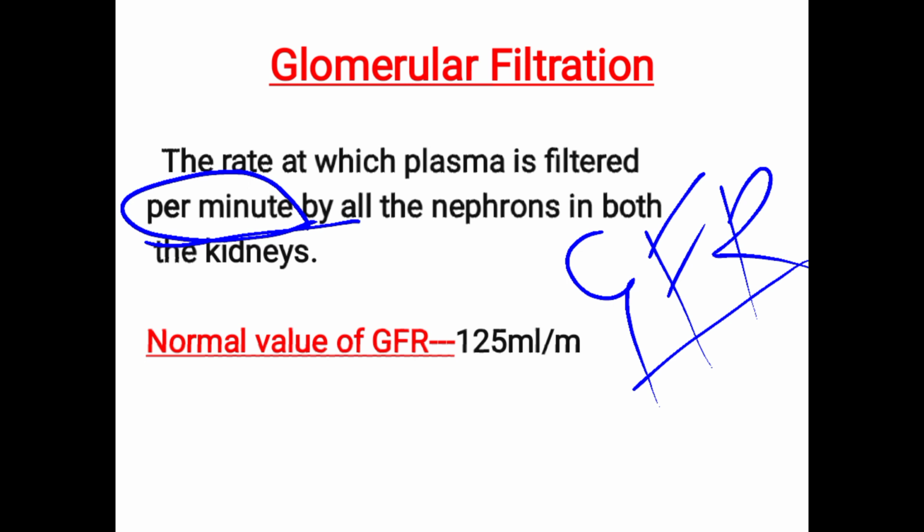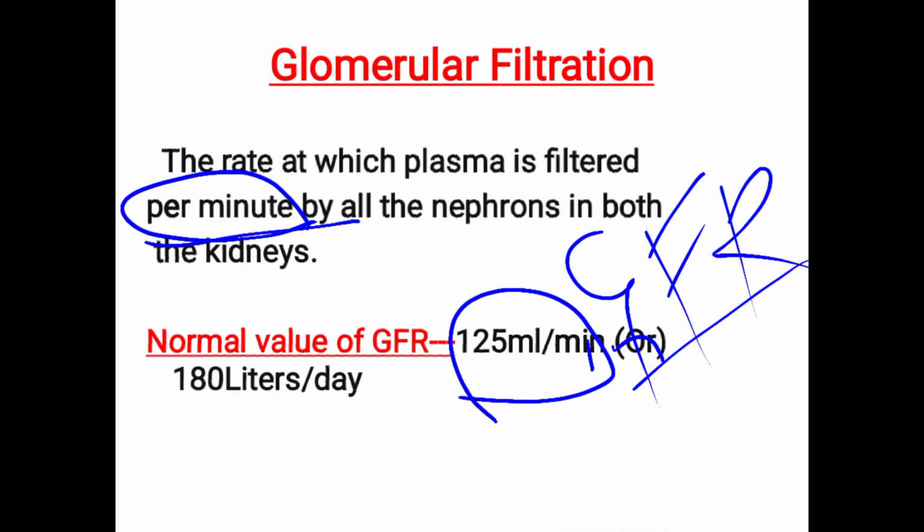Urine formation mainly depends on GFR. The normal value is 125 ml per minute, so per minute 125 ml of plasma is filtering, or 180 liters per day.